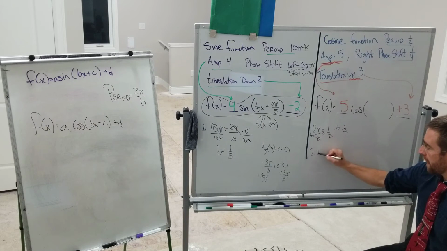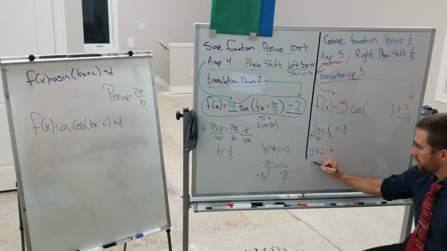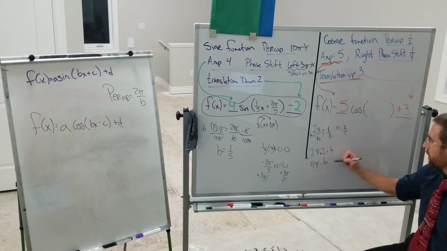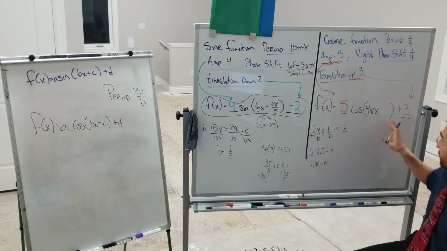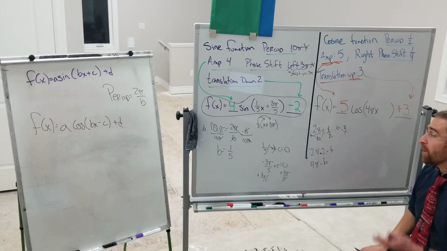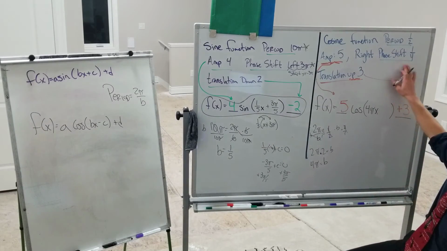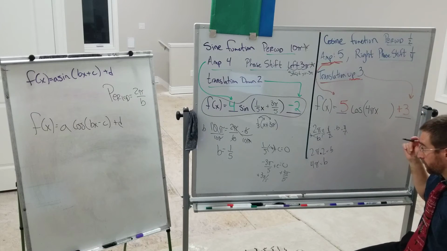So we have 2 pi times 2 equals b, or 4 pi equals b. So that means I have a 4 pi x here. And we know what the phase shift is. We gotta figure out what this 1/4 phase shift does to the c value.